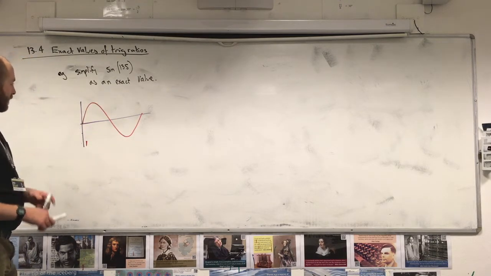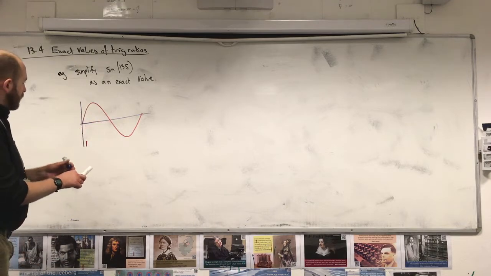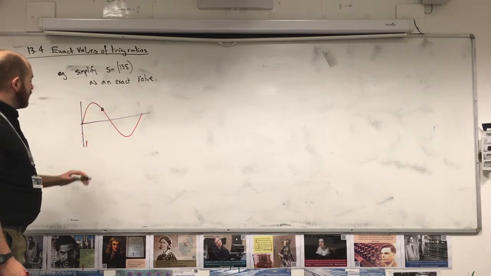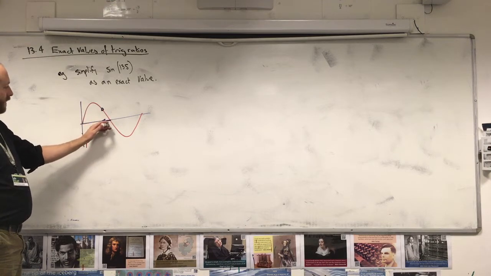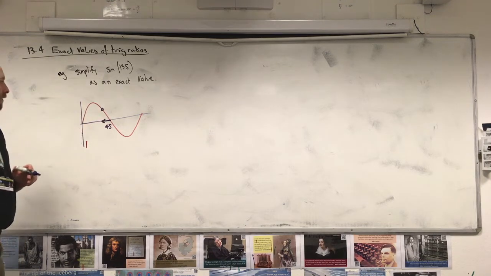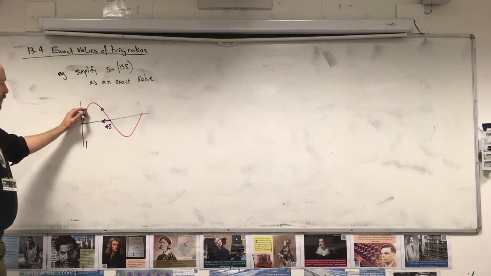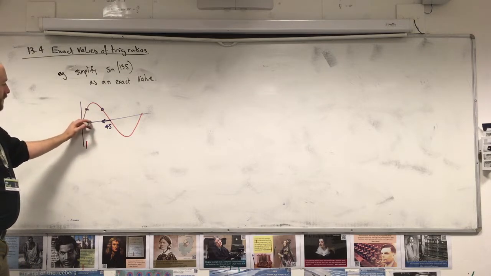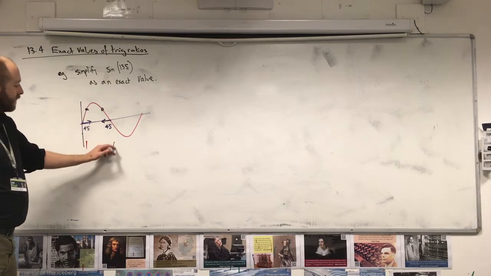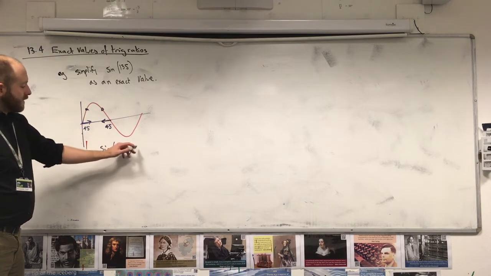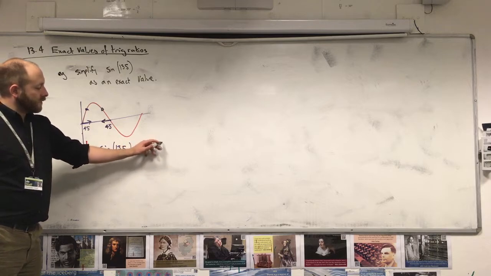Find 135 degrees, there's 180, so 135 is about there. Now 135 is 45 degrees away from 180. So I know this value is going to be equivalent to 45 there. So I could say sine 135 is actually the same as sine 45.